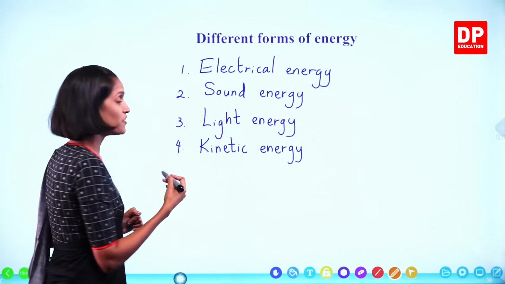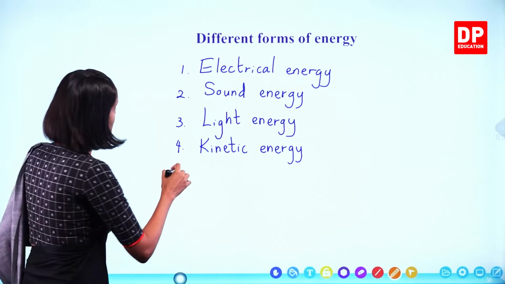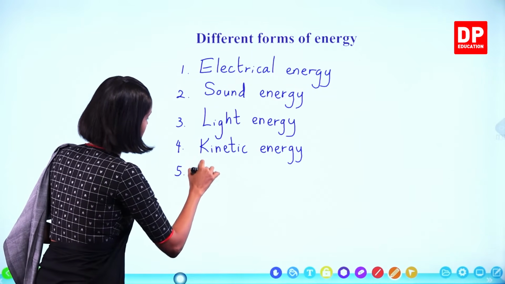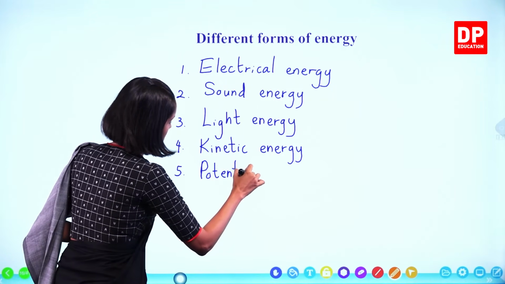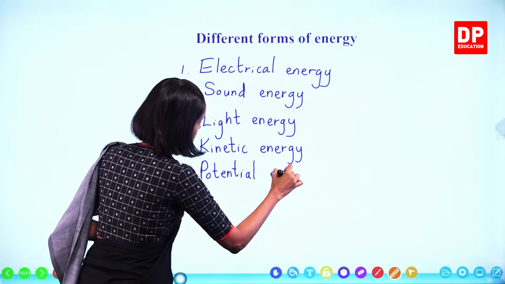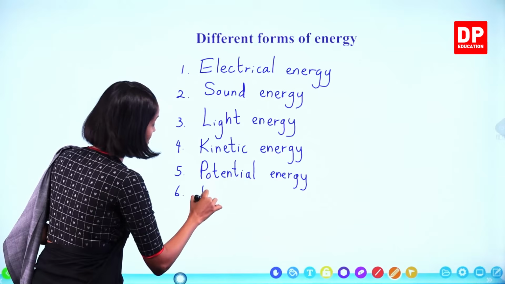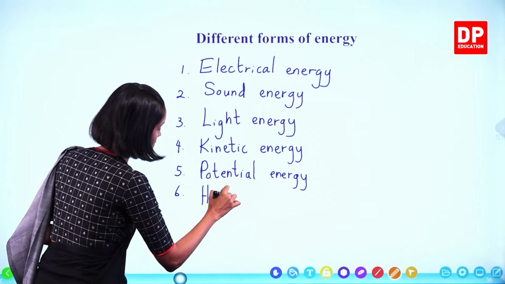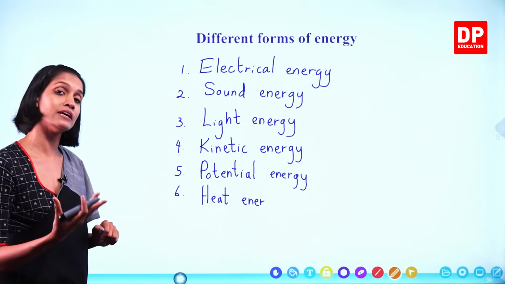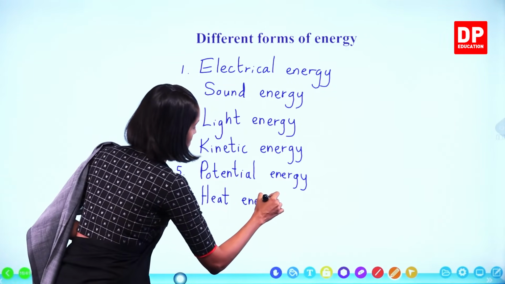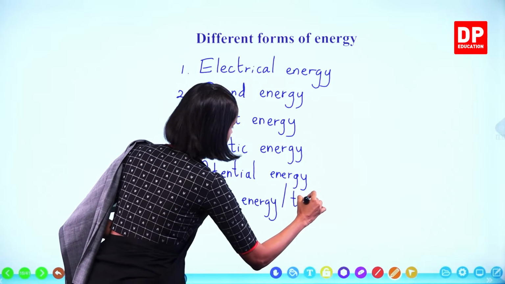And what type of energy is contained in winding springs, children? Potential energy. And then we discussed heat energy. Now heat energy is known as thermal energy as well, right? Heat energy or thermal energy.